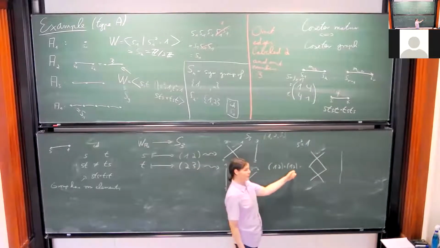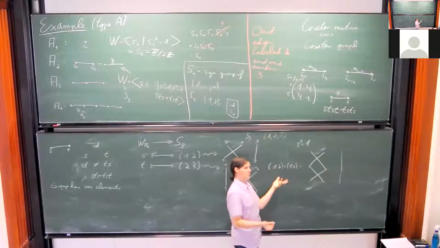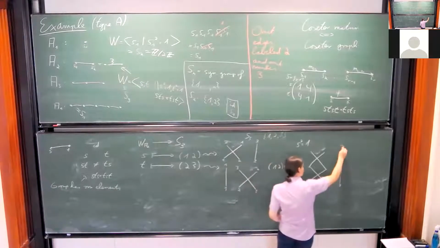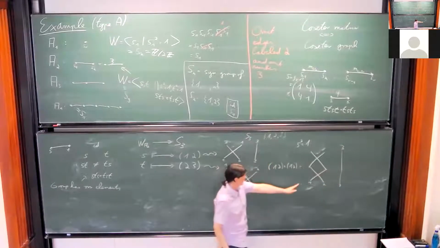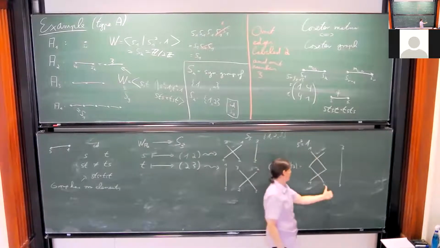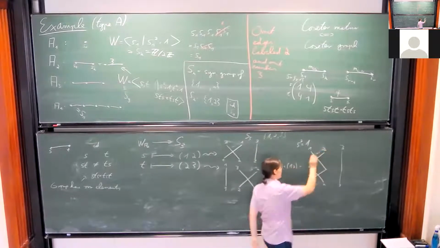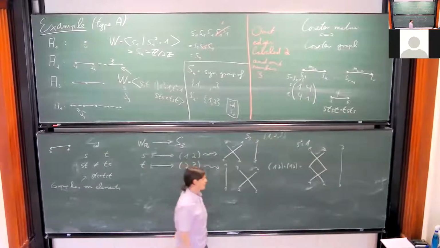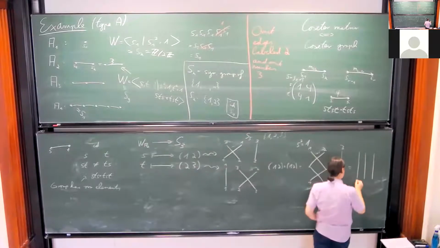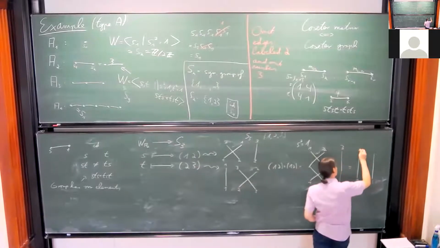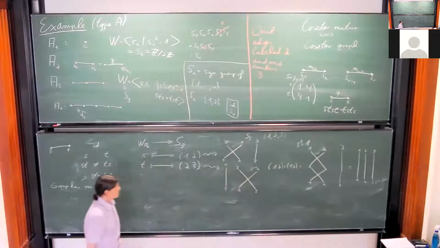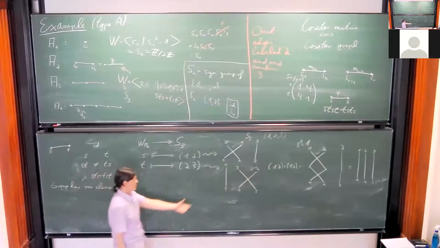You first swap 1 and 2, and then you swap 1 and 2, so we haven't done anything. I didn't do anything to 3. I follow 1, and it ends up where it started. I follow 2, and indeed, it ends up where it started. And my relation says that this is trivial, so I can pull it apart. This is certainly true in the symmetric group. Similarly for T, just the other 2 entries.